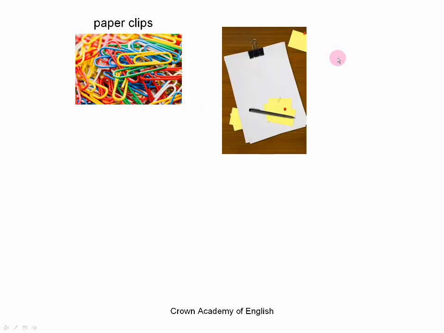Now here on this photograph we can see several sheets of paper, of white paper. Here is a pen. Here are some yellow post-its. We call these post-its. And at the top, this big black plastic thing is called a bulldog clip.